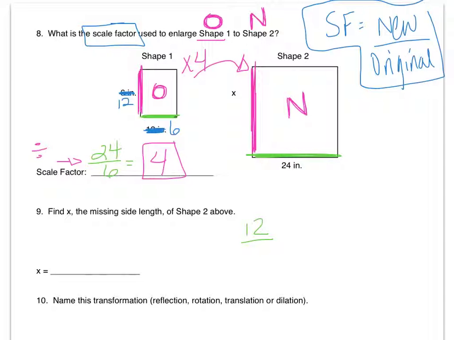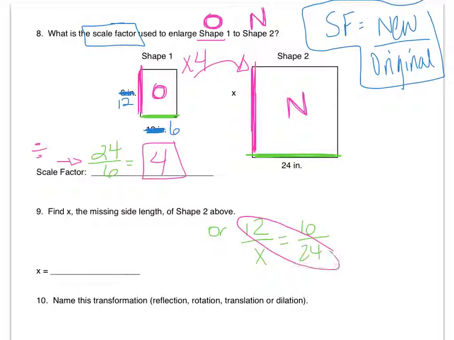So 12 goes with x. Now I know 6, this green side, goes with 24, this green side. Since I started with the original on top, I might even label original just so I know which one I did on top. I'm going to have to keep the original shape on top, so the 6, and then 24. So now I have my proportion.